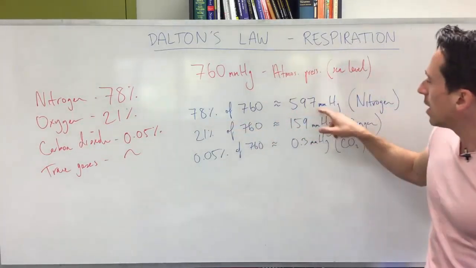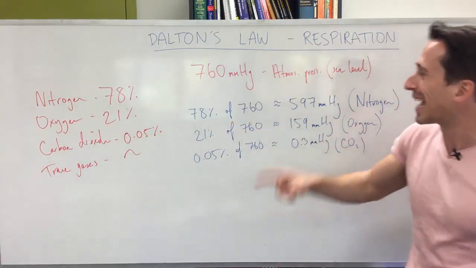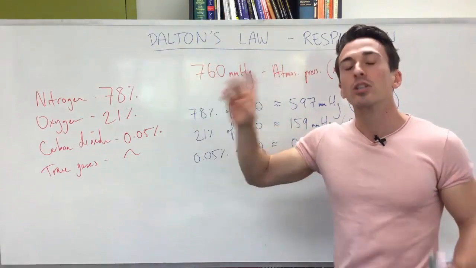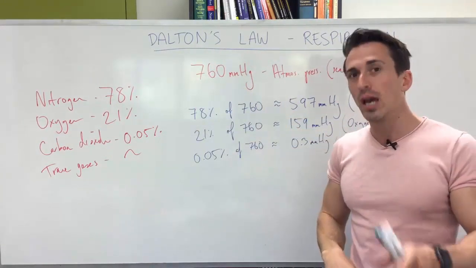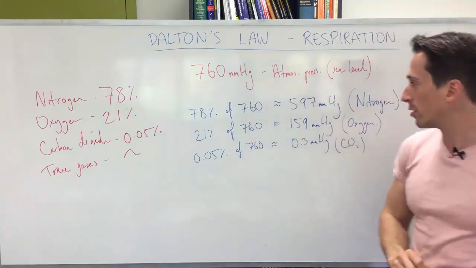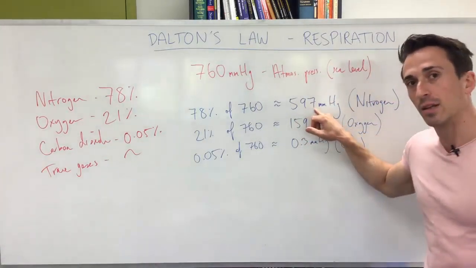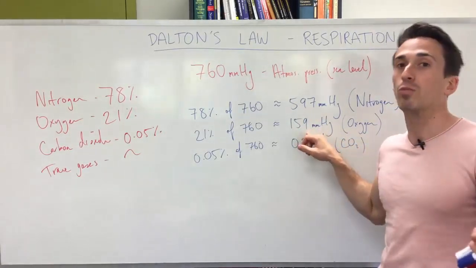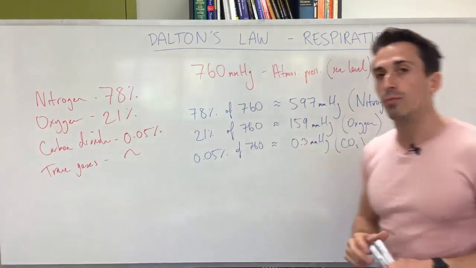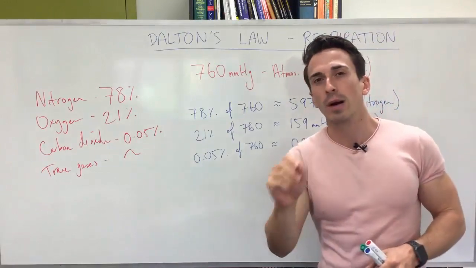These pressures here are the partial pressure of these gases within a total gas. So while the atmospheric pressure is 760 millimeters of mercury, the partial pressure of nitrogen is 597. The partial pressure of oxygen is 159. The partial pressure of carbon dioxide is 0.3 millimeters of mercury. These are the partial pressures.